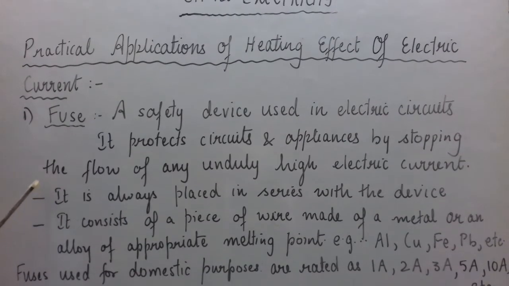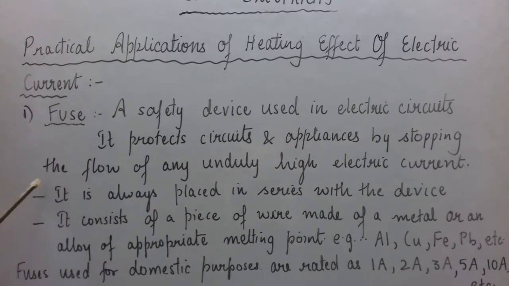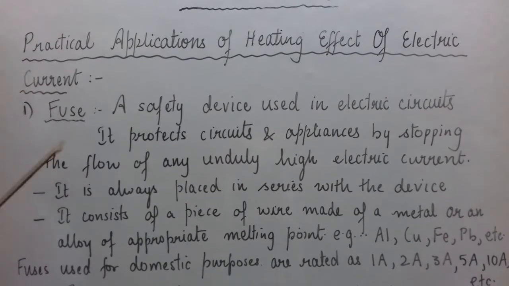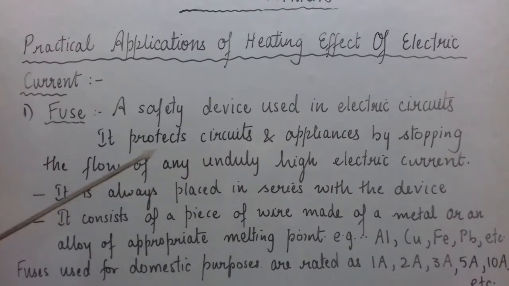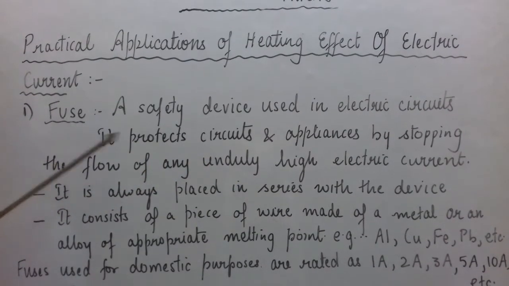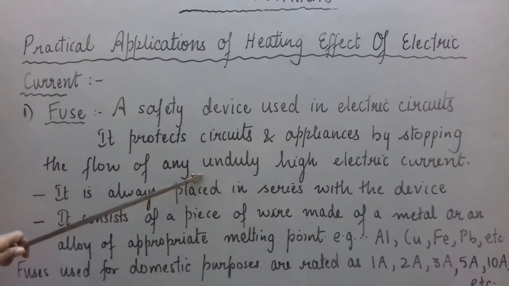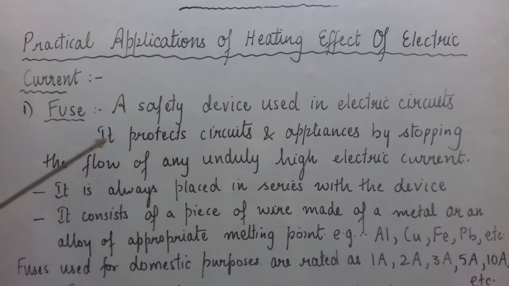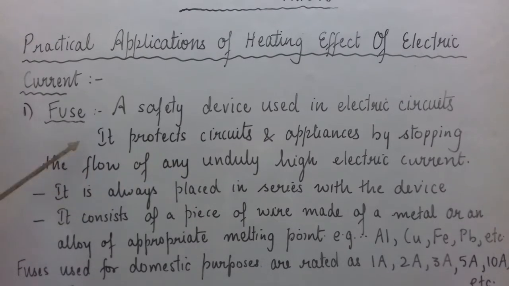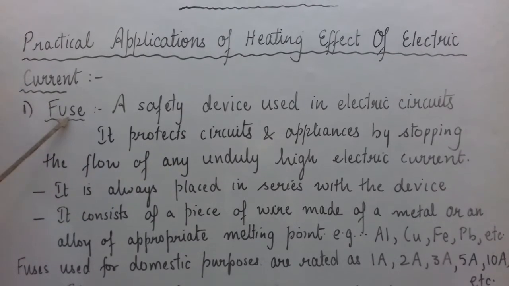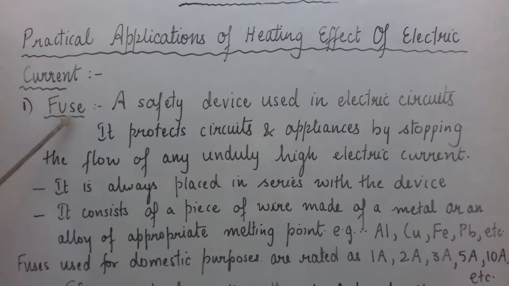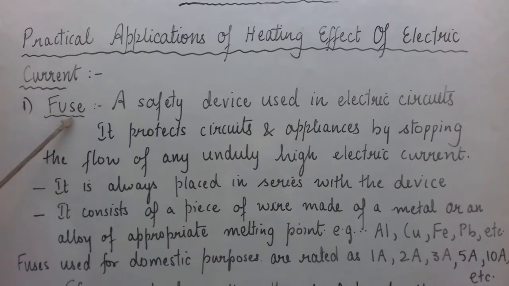So a large amount of current will flow. This is one example of how large current can flow in a domestic electric circuit. In any other electric circuit also, there may be some problem because of which high electric current will flow. But what will high electric current do? It may damage your devices or appliances. So what is the purpose of the fuse? You should know what it actually is, then only you will understand its purpose.